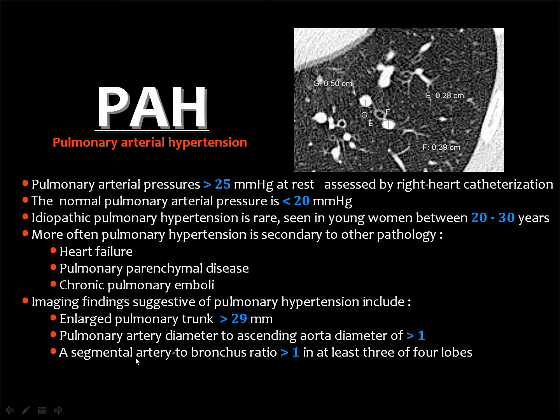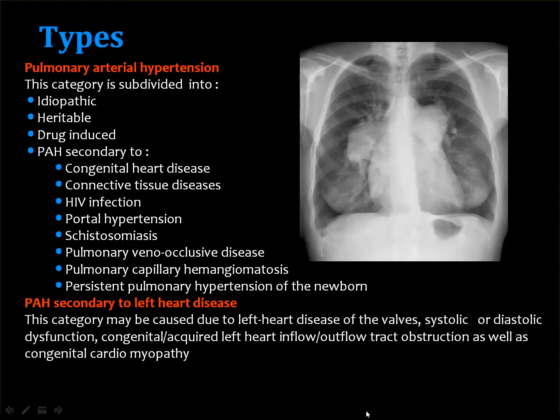And the segmental artery to bronchus ratio is more than 1 in at least 3 or 4 lobes. Then this is an example. You see the pulmonary artery branch and the adjacent bronchus, and you measure the diameter of the artery in relation to the bronchus. The artery is a little bit larger than the bronchus.